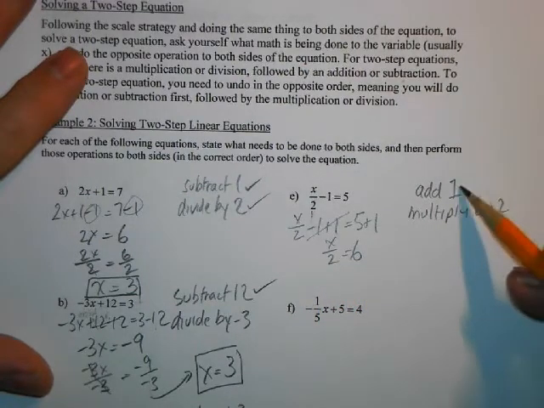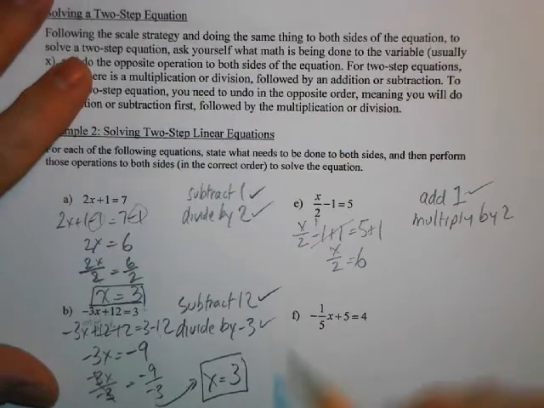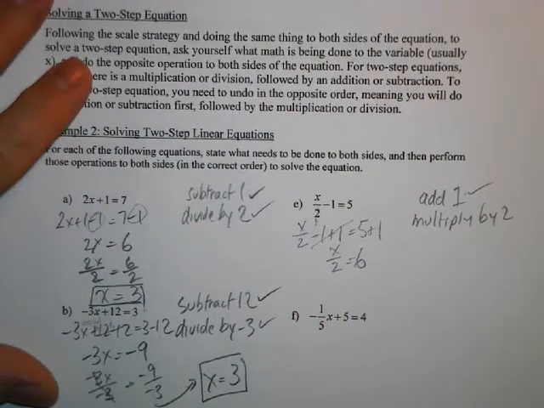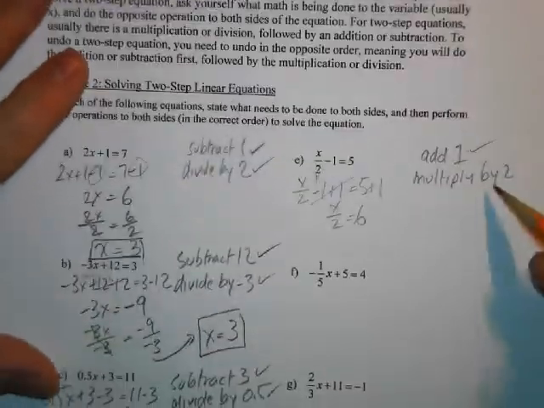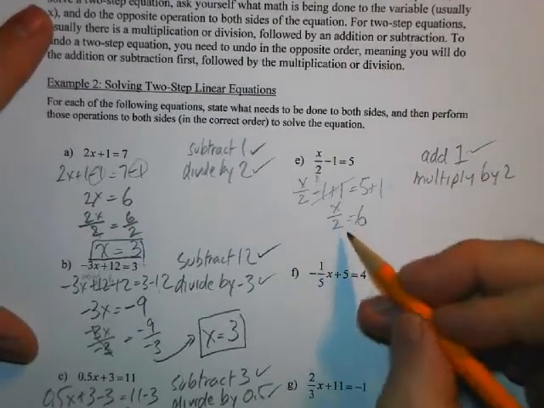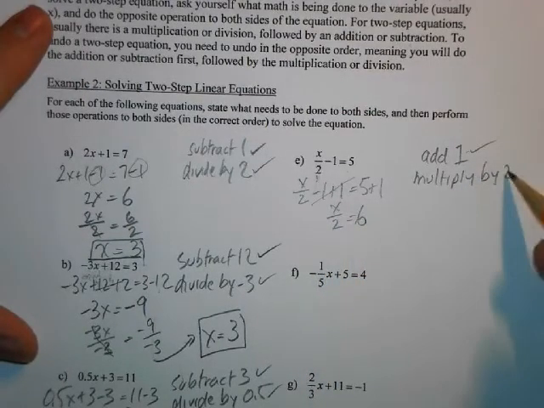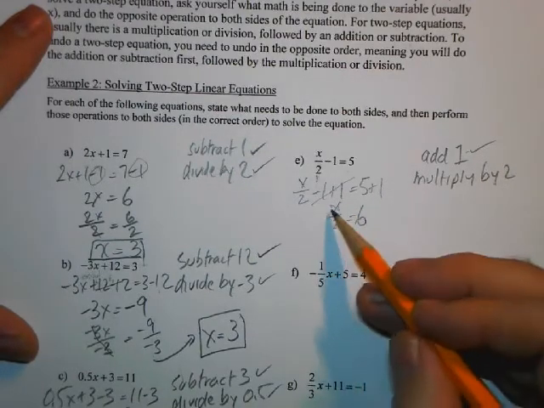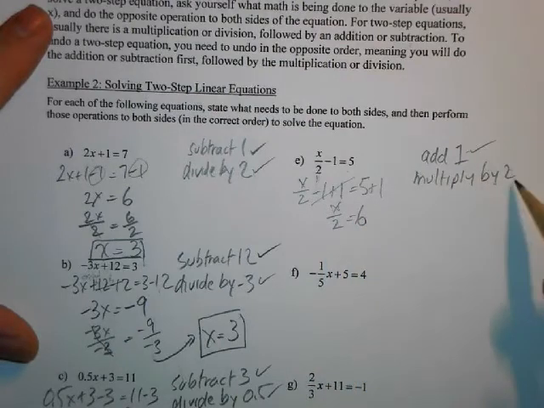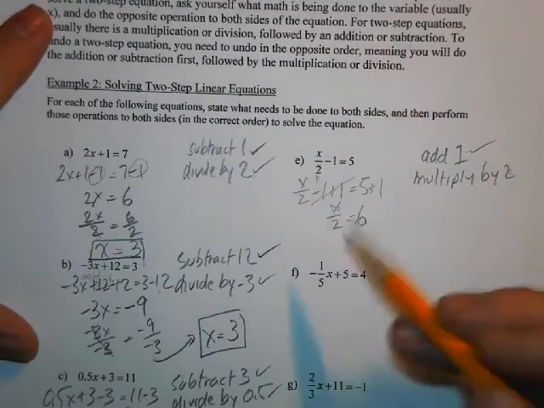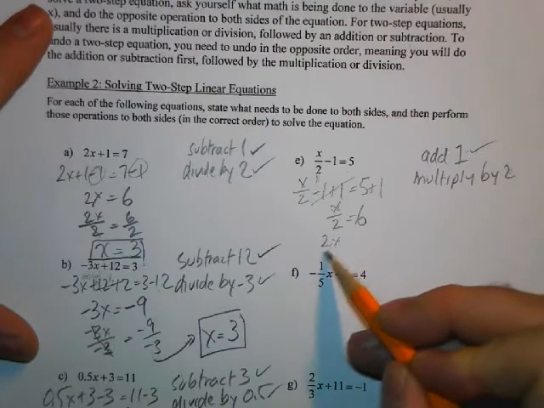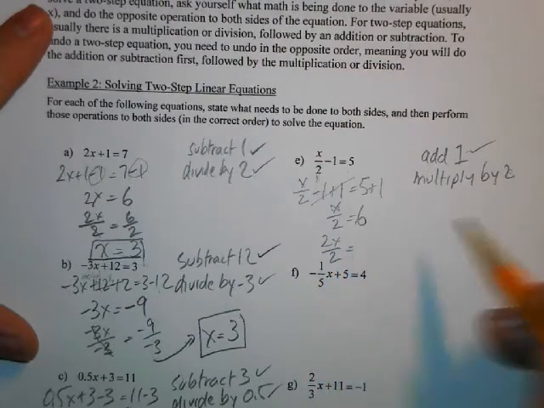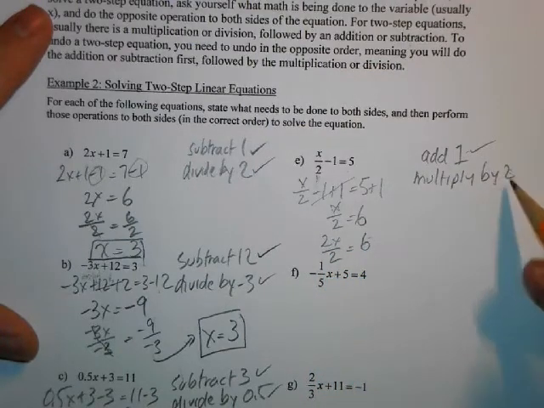Okay, so I haven't been really checking these off, but it's up to you if you want to do that. So now we multiply by 2. So remember, 2 is the same as 2 over 1. So if I multiply this fraction by 2 over 1, the 2 only multiplies with the top. So I have 2x over 2 is equal to 6, and I have to multiply that by 2 as well, don't forget.